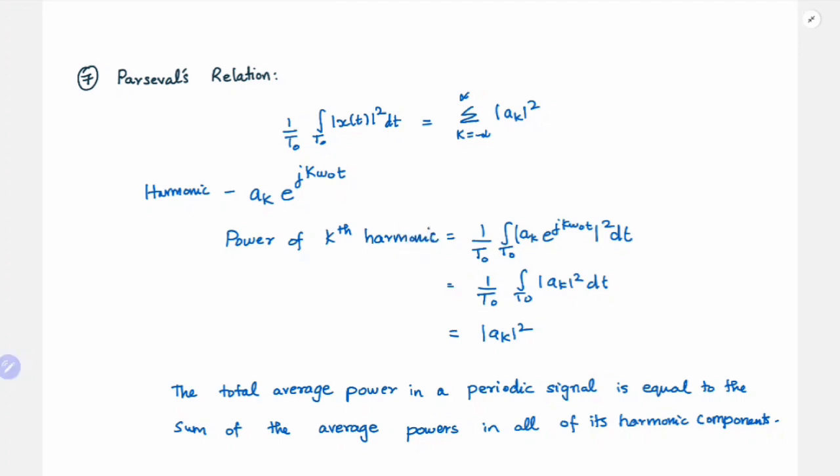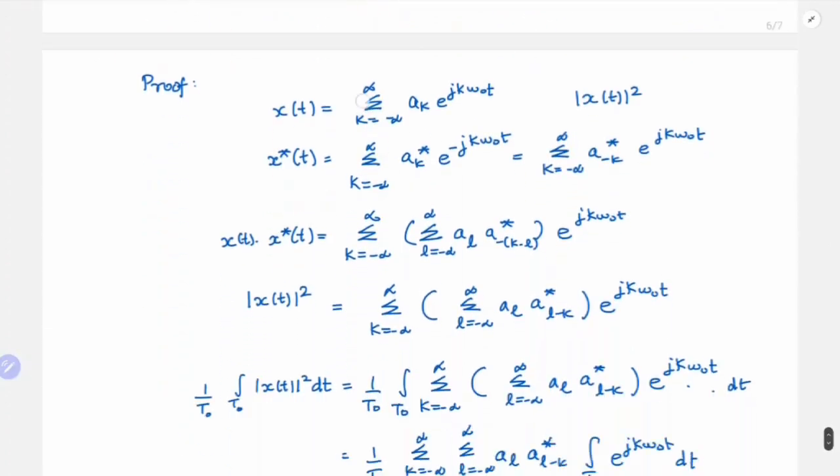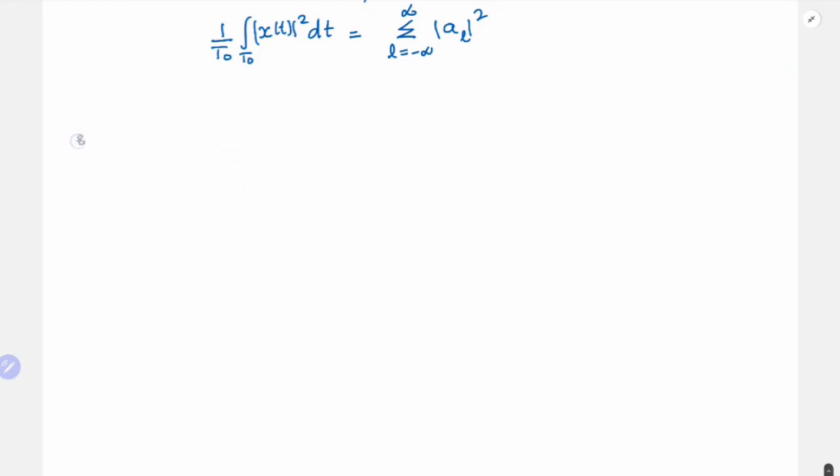Okay. So next let us look at the property of differentiation. Property 8: differentiation. If x of t has Fourier series coefficients a_k, what happens to dx of t by dt?